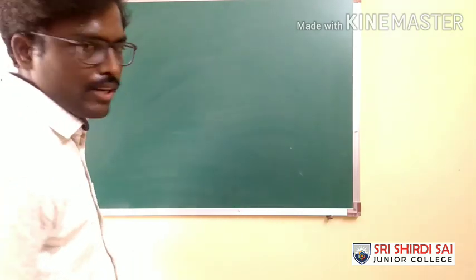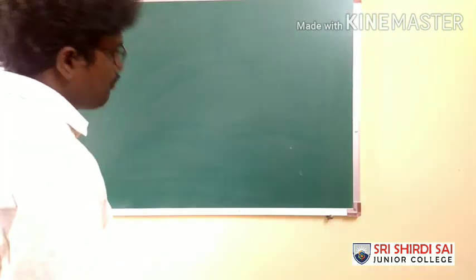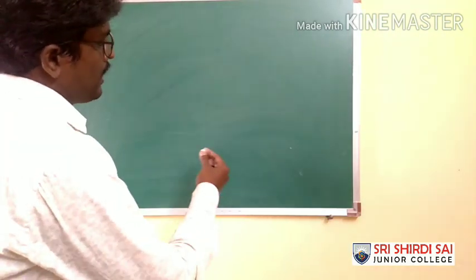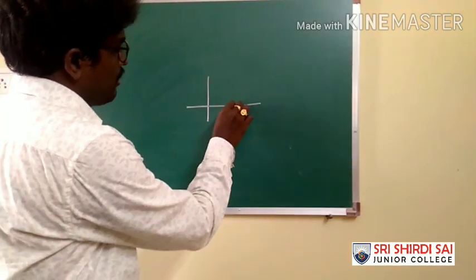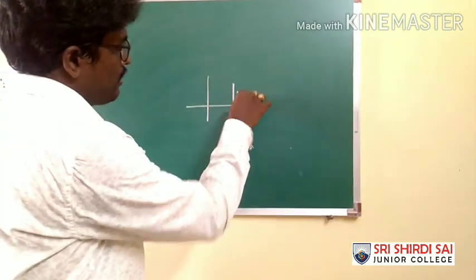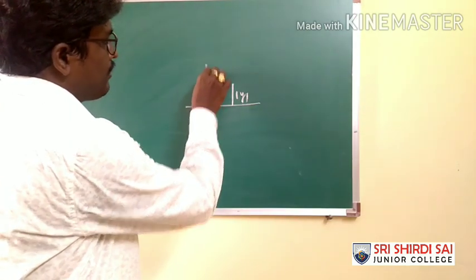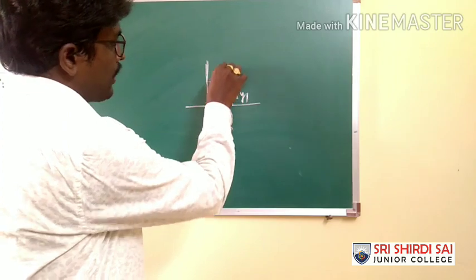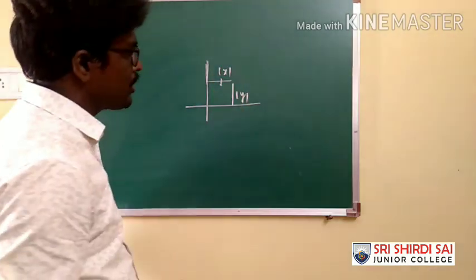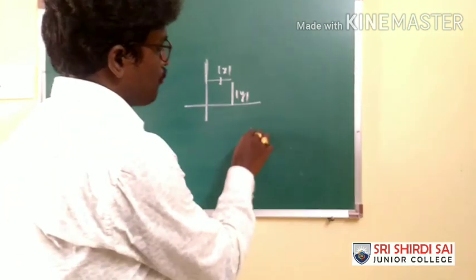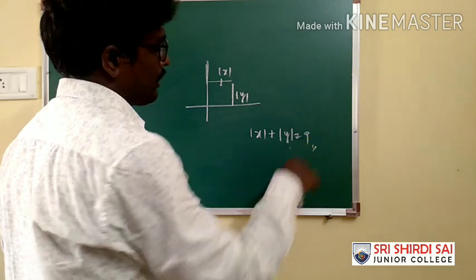Very clearly, here we are talking about the distances from the coordinate axis. Definitely the distance from the x-axis we consider as mod y, and the distance from the y-axis we take as mod x. Here we are talking about the sum of these two distances as 9, nothing but mod x plus mod y is equal to 9.